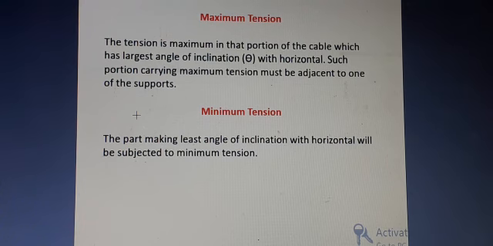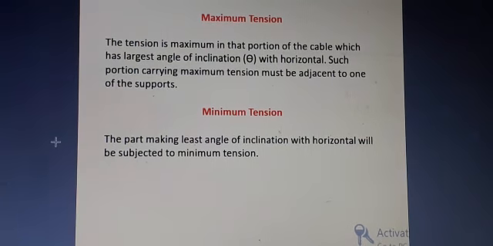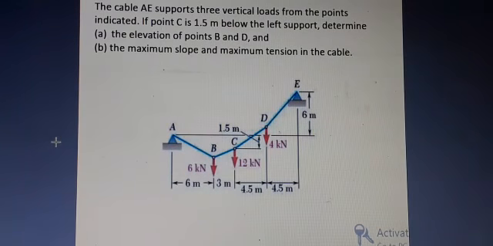Such a portion carrying maximum tension means the portion with maximum angle of inclination has the maximum tension. Then for minimum tension, the part making the least angle of inclination with horizontal will be subjected to minimum tension. So this is the numerical of cable.